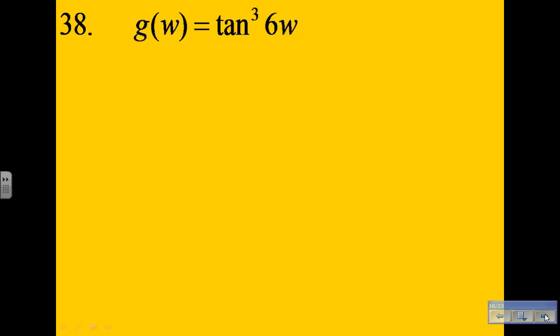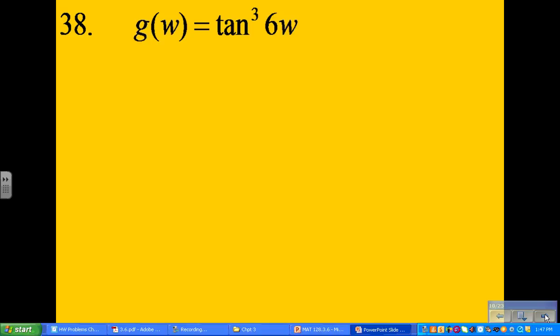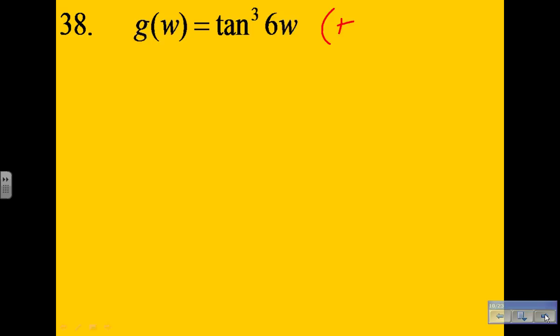How do you think of this one? If you put it in the calculator, how would you put this one in? You would have the tangent of 6w, cubed. So you have to do the chain rule.